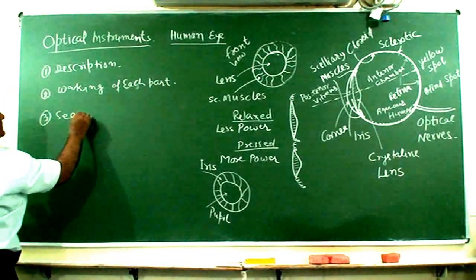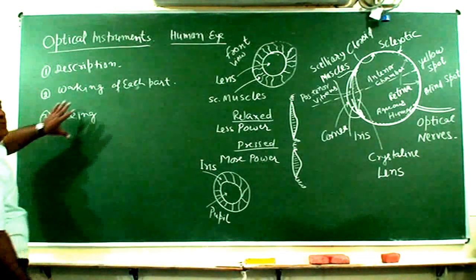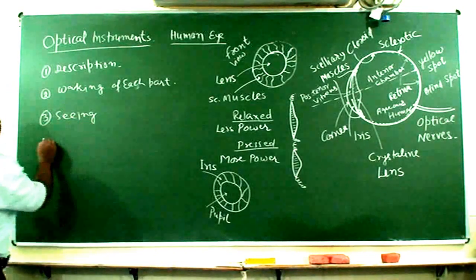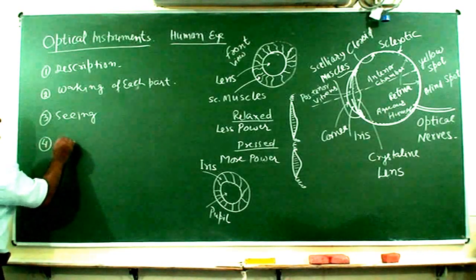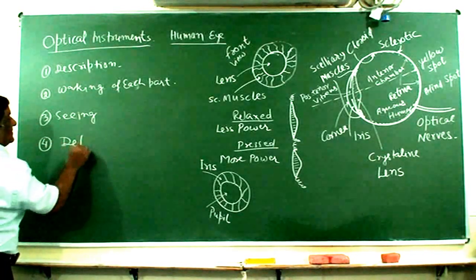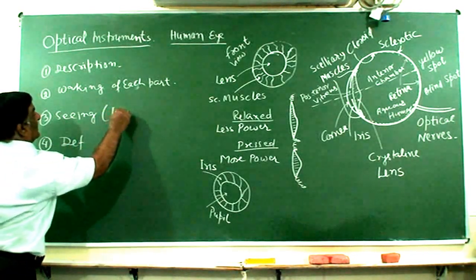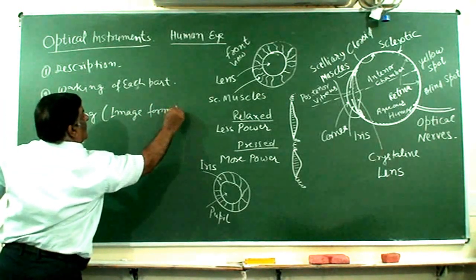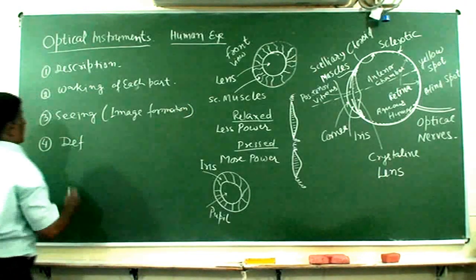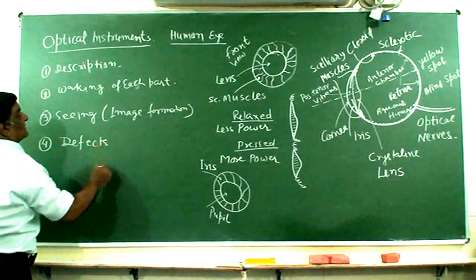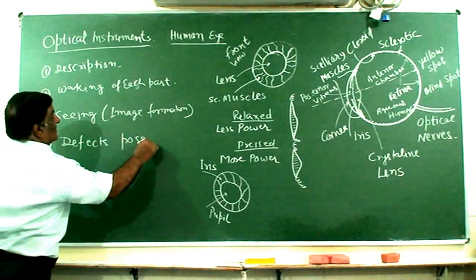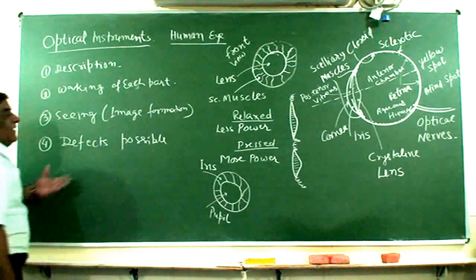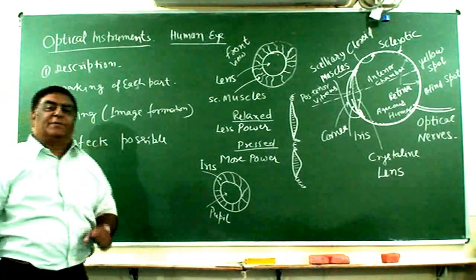See, how do we see the objects? That is image formation. Then, what are the defects possible? There are many types of defects, biological and optical.